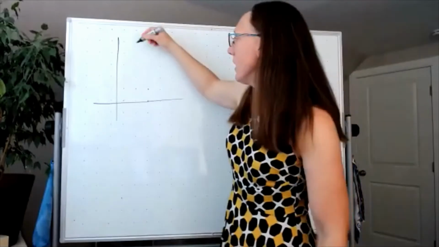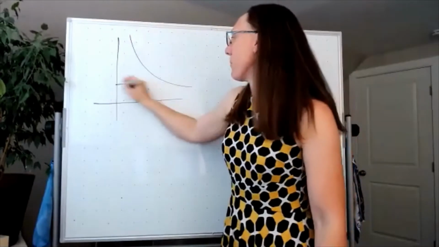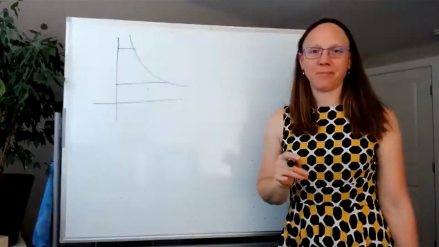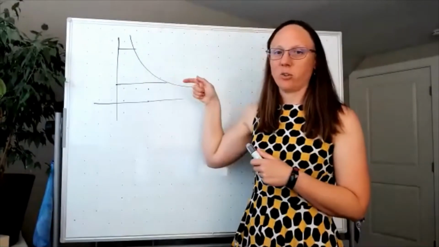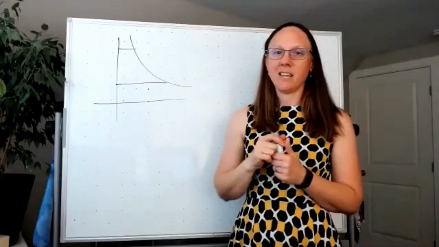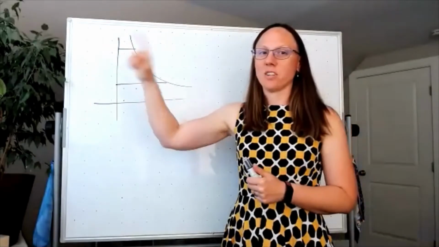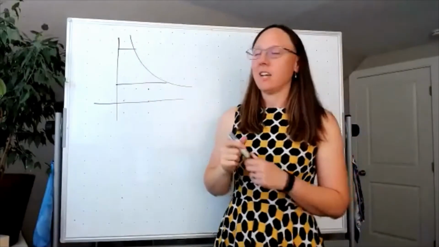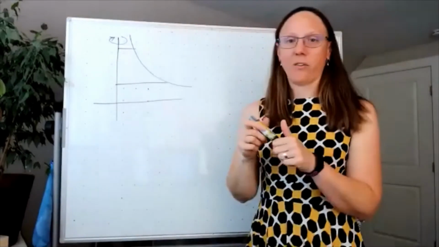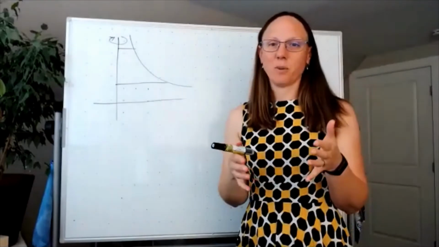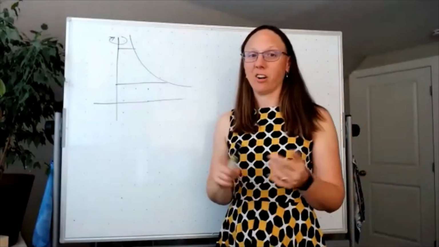The WeBWorK problems, you know, we've got some ugly shape that looks like this. And one of the questions is asking you to spin this around the x-axis. And another one of the questions asks you to spin it around the y-axis. And we didn't really talk about spinning around the y-axis, and you didn't really do much in lecture with this either.